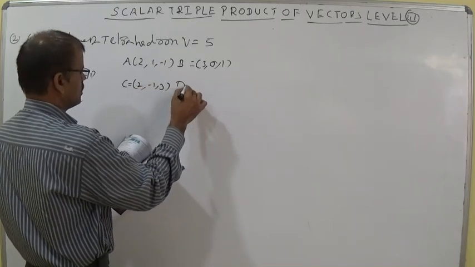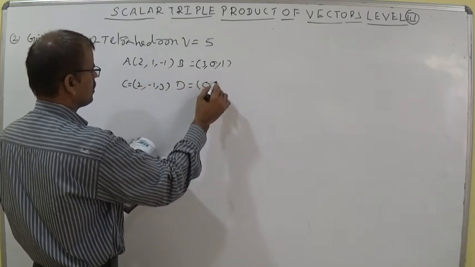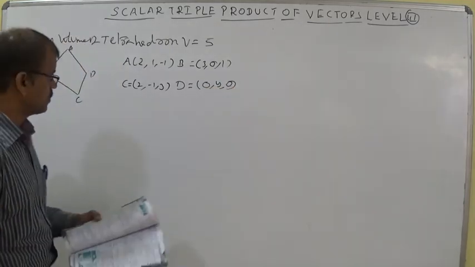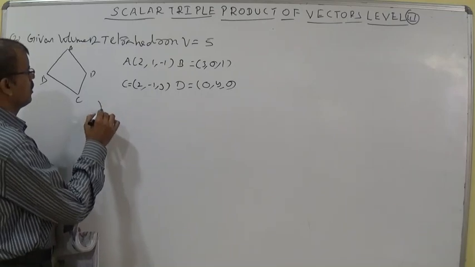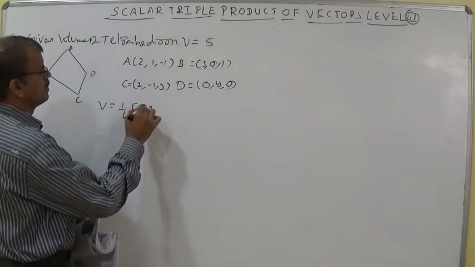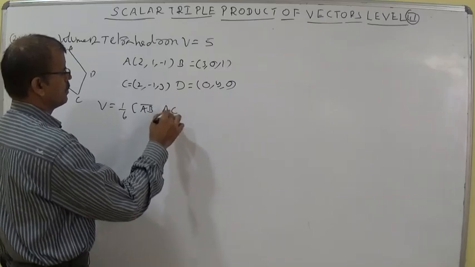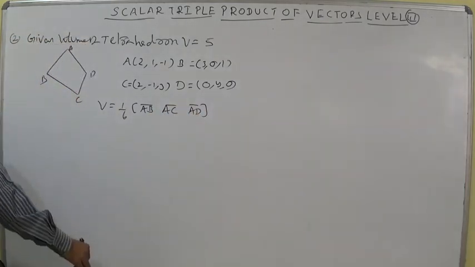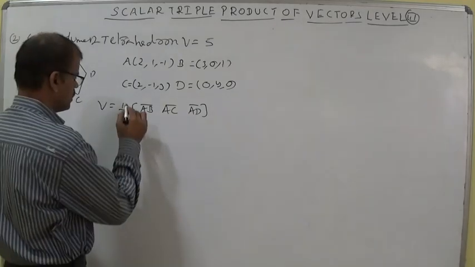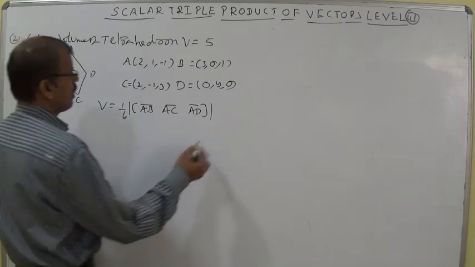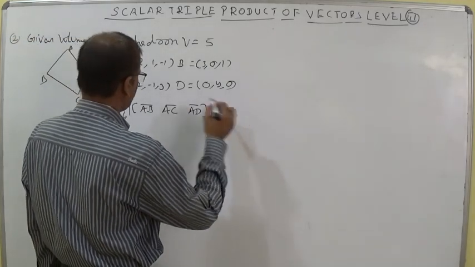D is not given, but according to the options you should write 0, y, 0. The volume of a tetrahedron formula is 1/6 of the box AB, AC, AD, with modulus, whenever 3 vectors are given. The volume is given as 5.